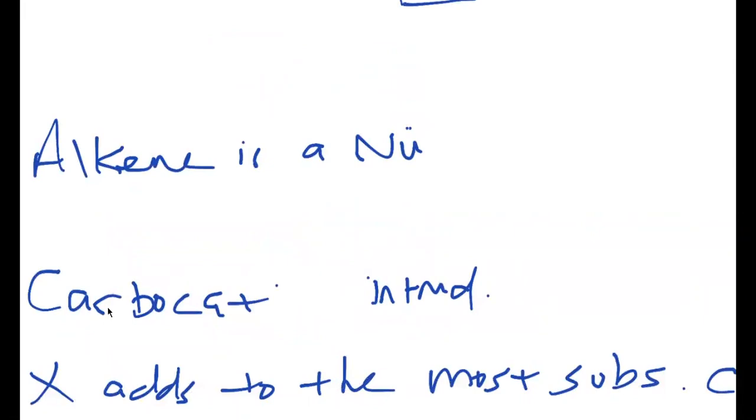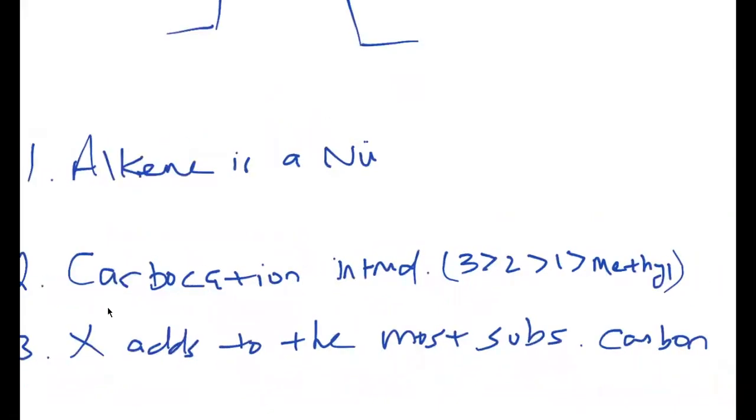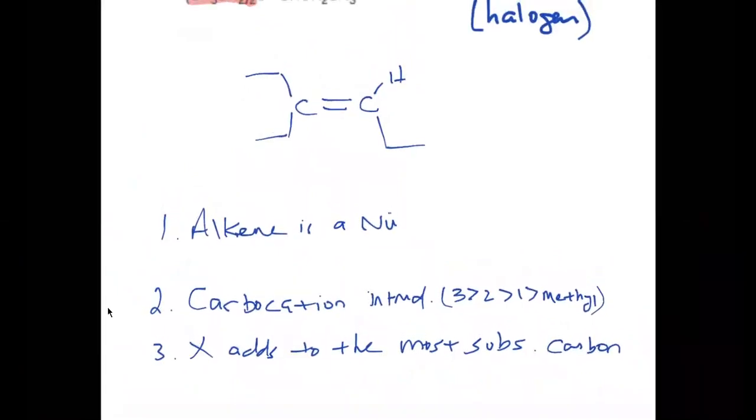Third degree. Yeah, it's going to be the more substituted one, right? Remember your trend, tertiary is the best, and then secondary, and then primary, and then methyl. That's the trend for carbocation stability. All right, are we okay so far?